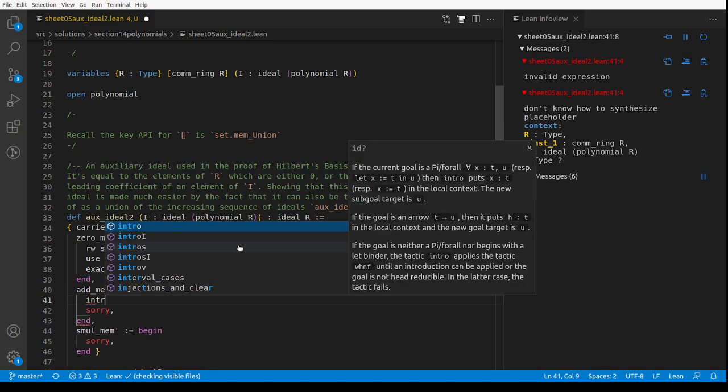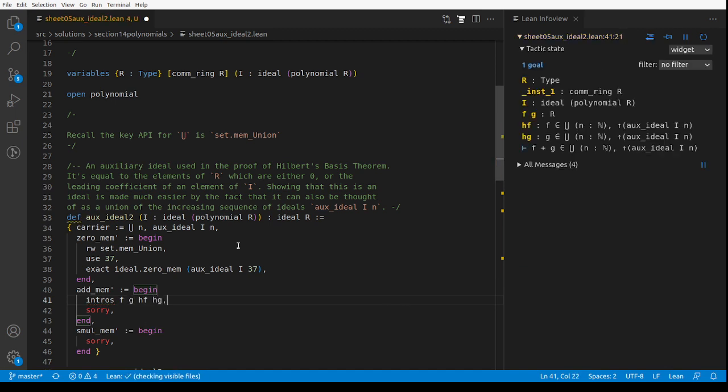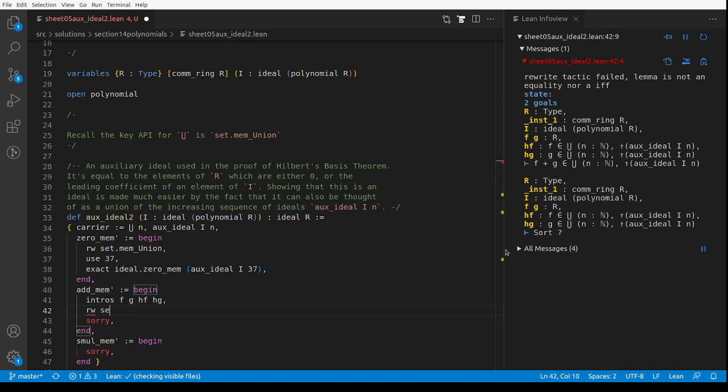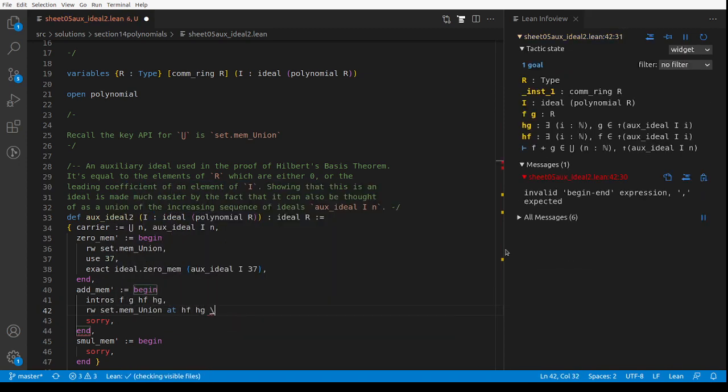And now what? Intros f, g, hf and hg. So we know that f and g are in the union, and so we need to know that f plus g is in the union. So let's rewrite set.mem union at everywhere, hf, hg in the goal.